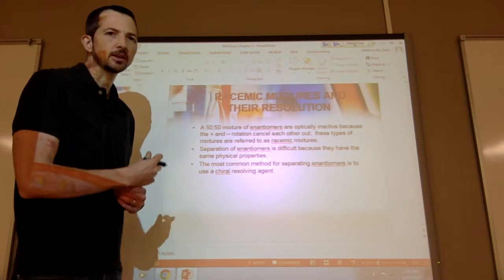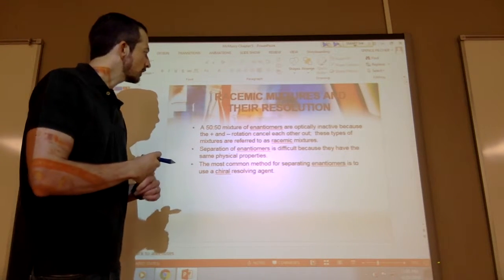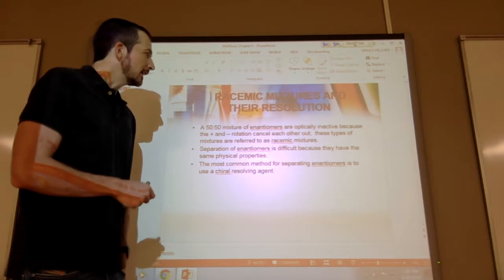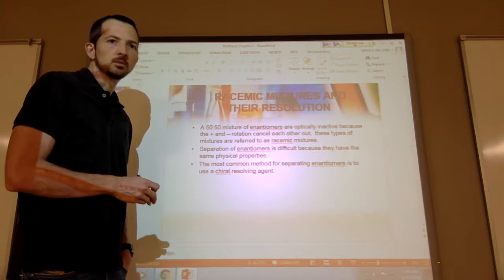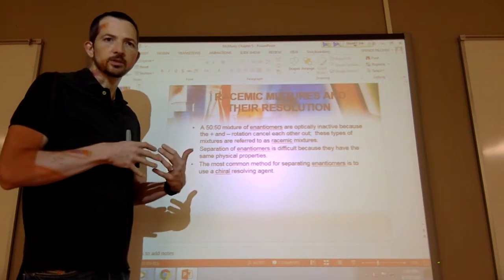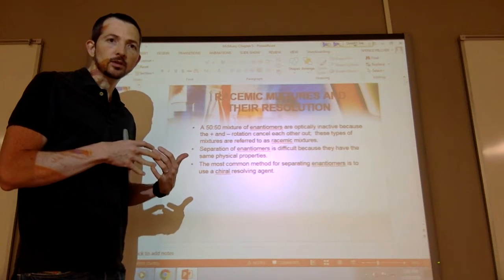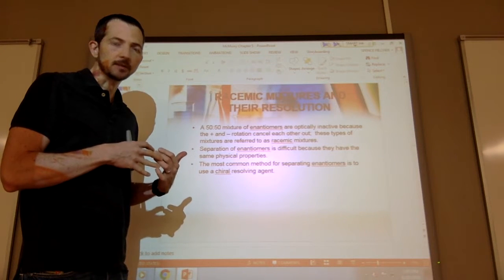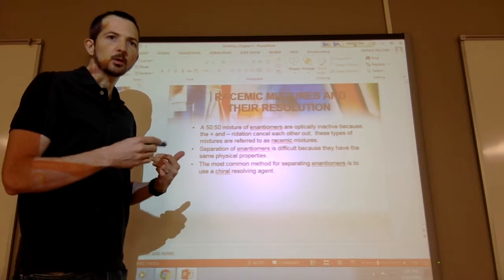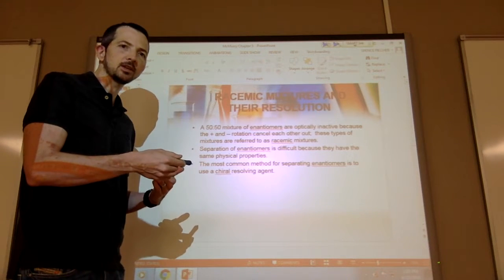So we'll see this a lot of times in chemical reactions. A racemic mixture is a 50-50 mixture of enantiomers. And it's optically inactive because remember, enantiomers have all these physical properties that are the same, but they differ in the direction they rotate plane polarized light. So say you have an R enantiomer of one compound that rotates at plus 15 degrees.